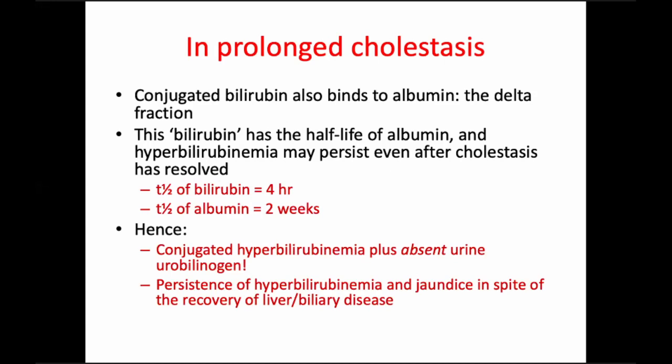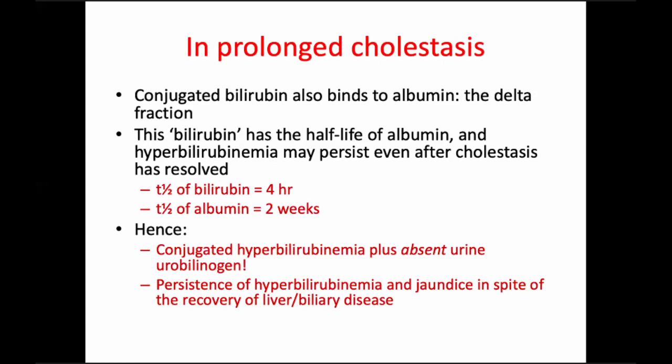The half-life of bilirubin is about 4 hours, and the half-life of albumin is about 2 weeks. So once the cholestasis has been there for about 2-3 weeks, even though the cholestasis is corrected, the bilirubin remains elevated in the blood because it's now bound to albumin and has to be got rid of in the same way that albumin is.